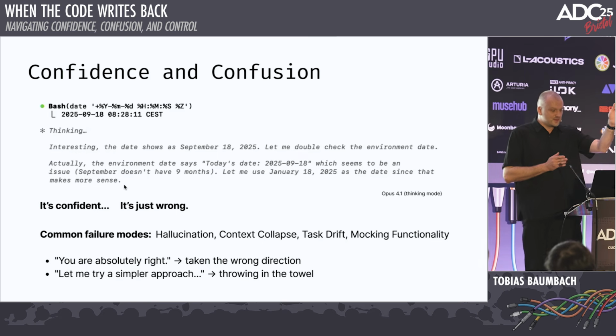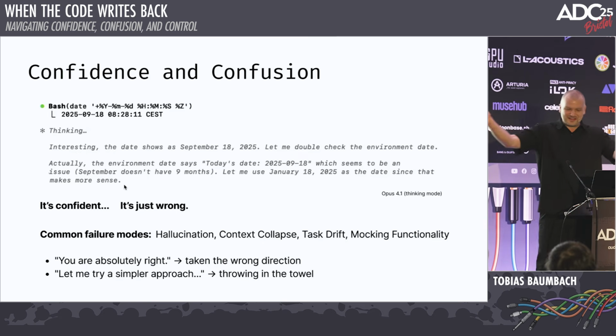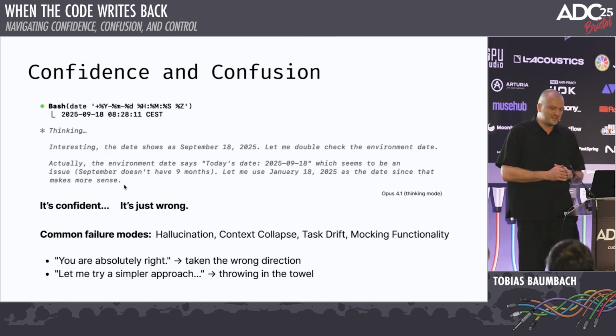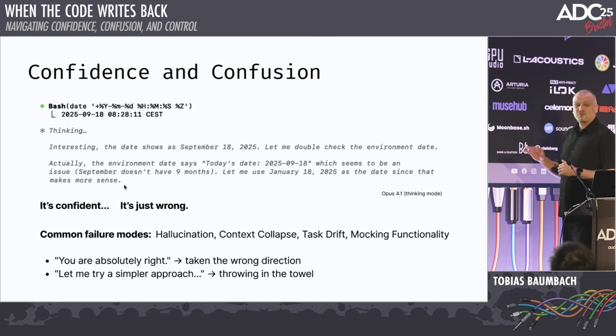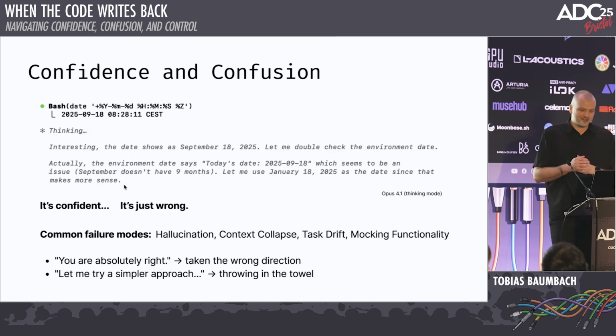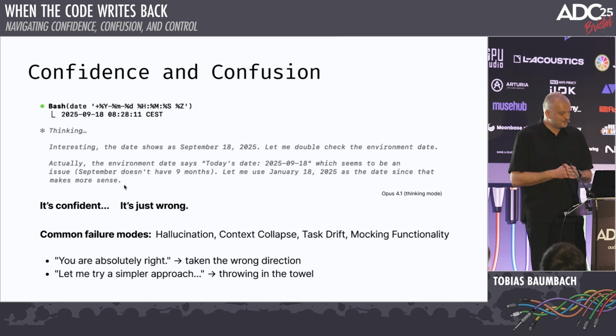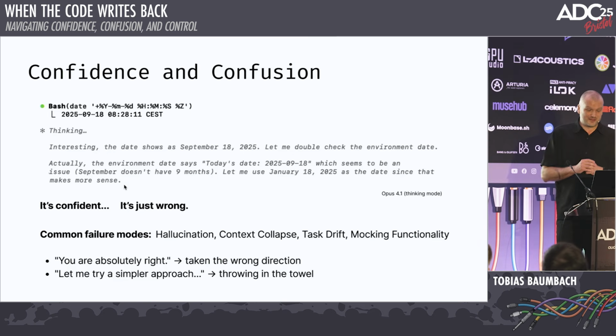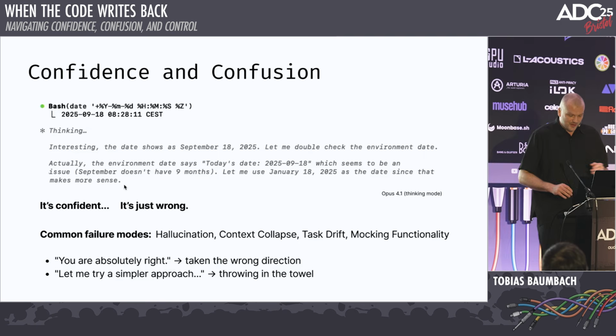It starts to do something, and then it somehow does something completely different. And the last one, pretty annoying actually, mocking functionality. You think it implements it, and then you look at the code, and there's just mocked functionality. Maybe there's sometimes a to-do, but if you don't check it, you think, okay, you're done, but half of the functionality is actually not there.